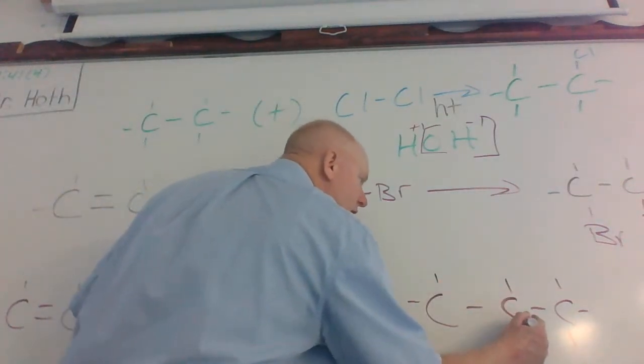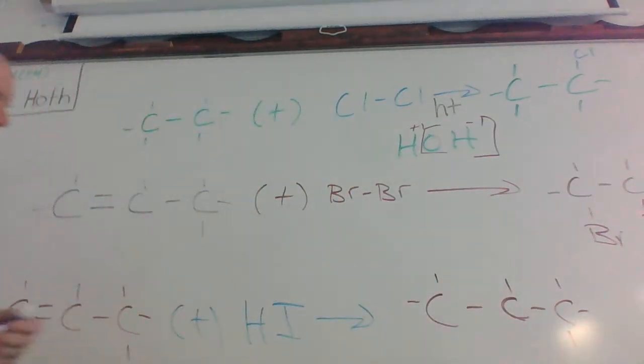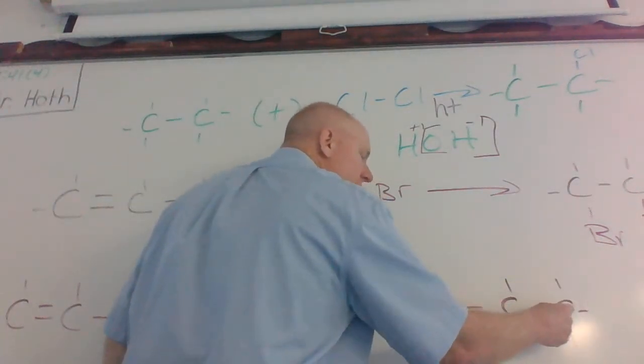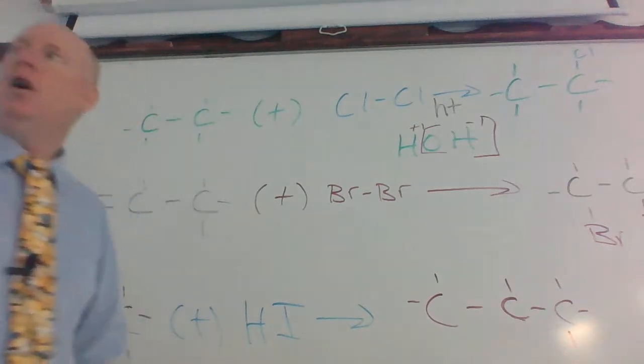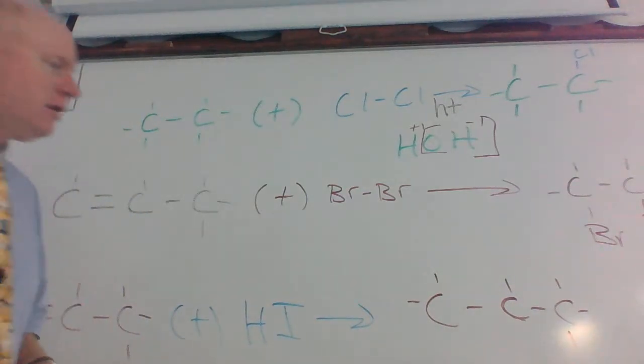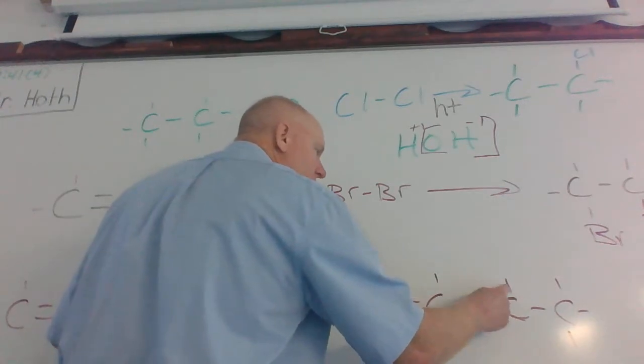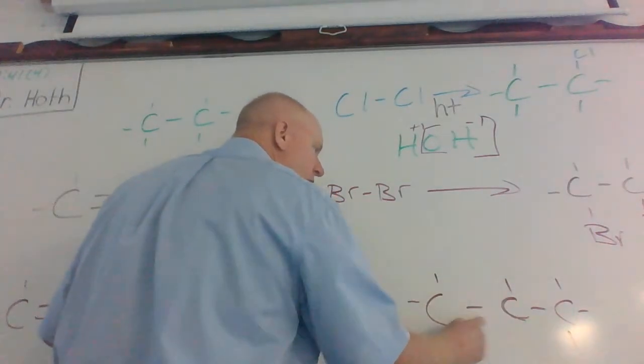So according to that rule, then, the hydrogen goes to the carbon that already has the most hydrogens. But even though this one has 3, can this have any more bonds on it? No, because carbon can only have 4. We know that. This carbon has 1 hydrogen, okay, and a carbon-to-carbon bond.